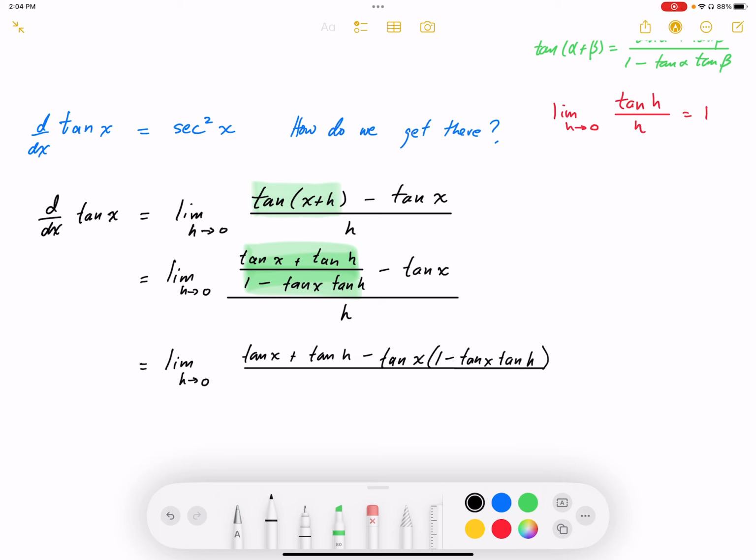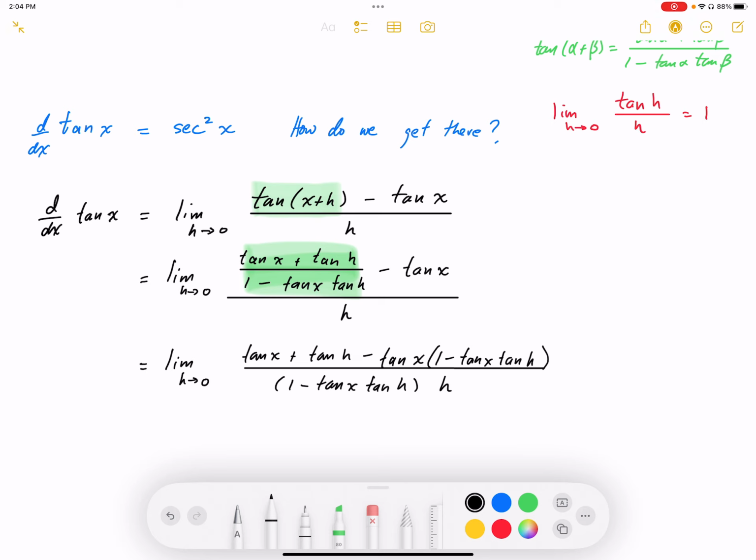Okay, and this is all over the denominator of 1 minus tan x tan h. And then I'm going to put that extra factor of h in the denominator.